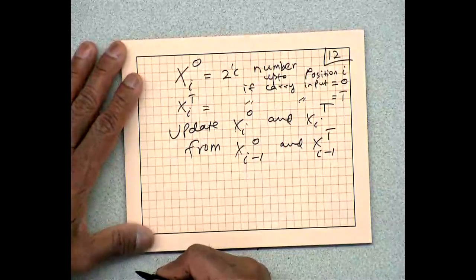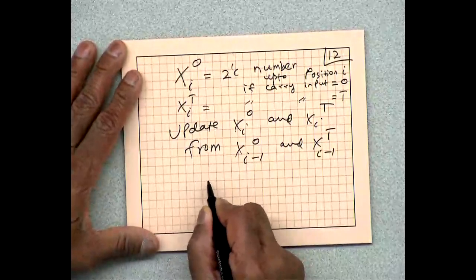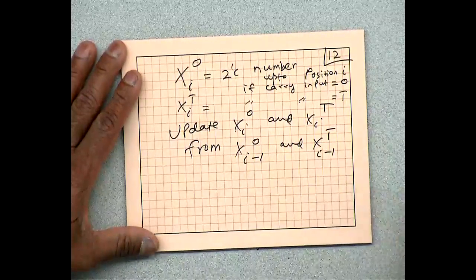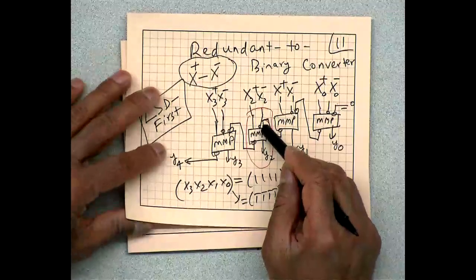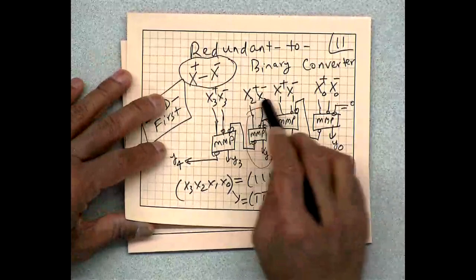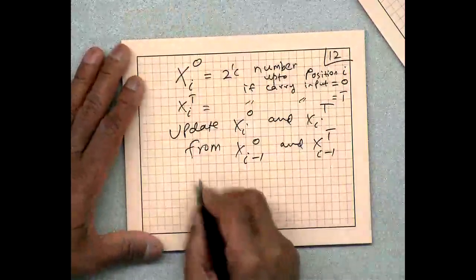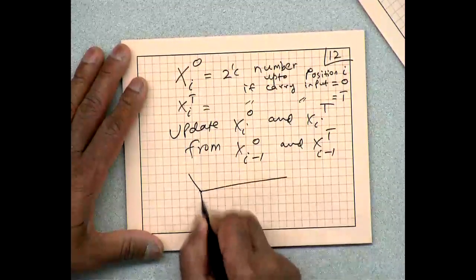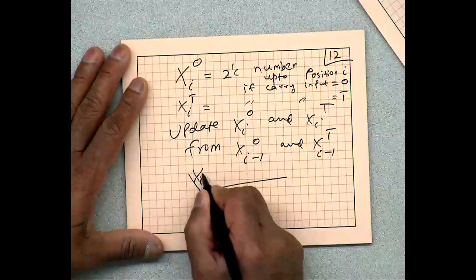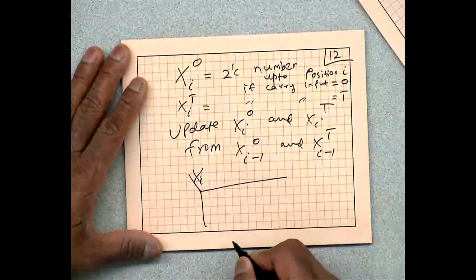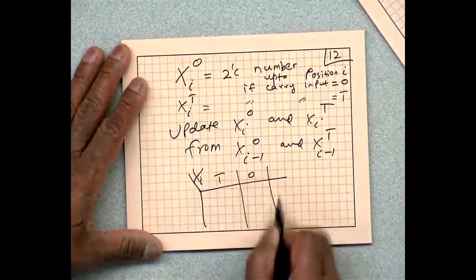Now let's think about a particular position I, let's say here. If I call this digit xi, which is xi plus xi minus, this can be 1 bar, 0 or 1.